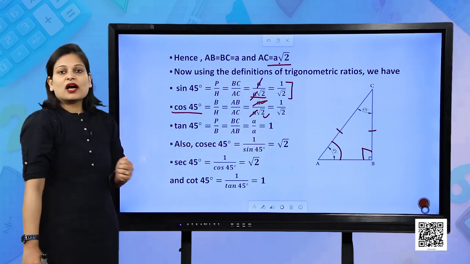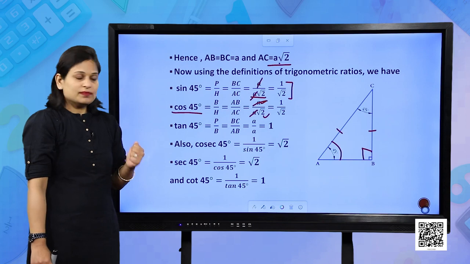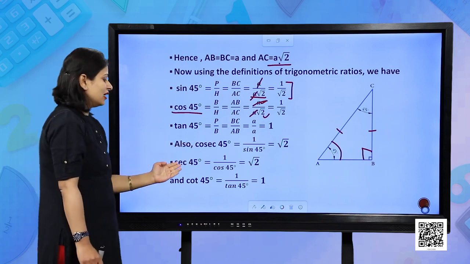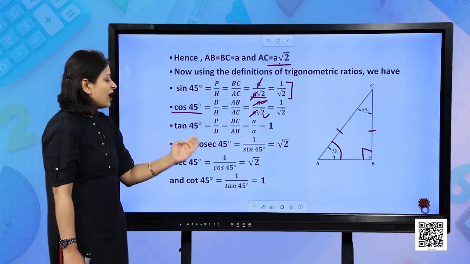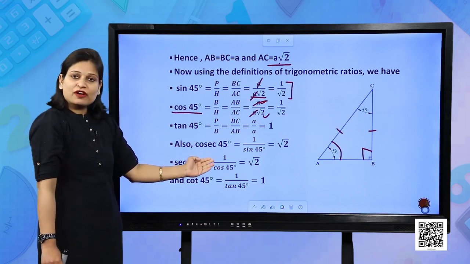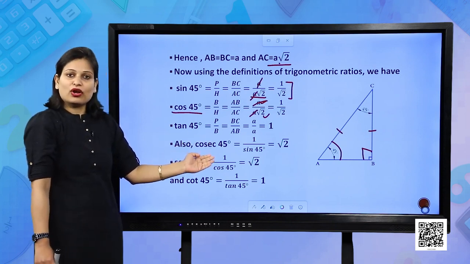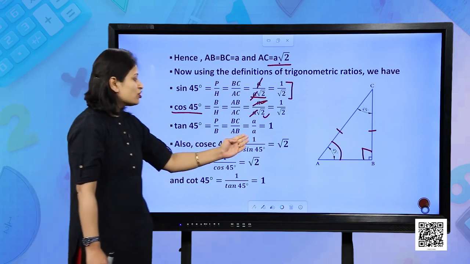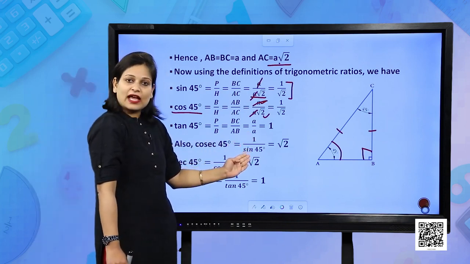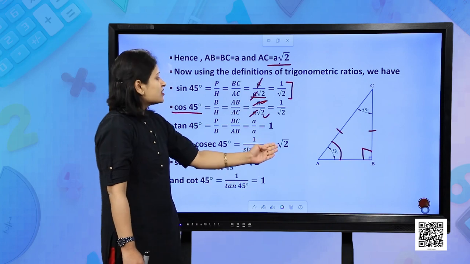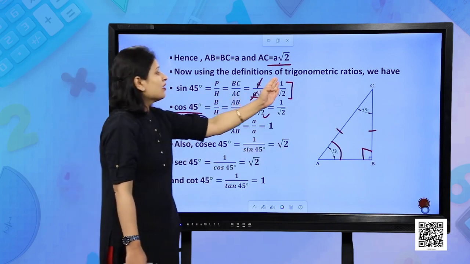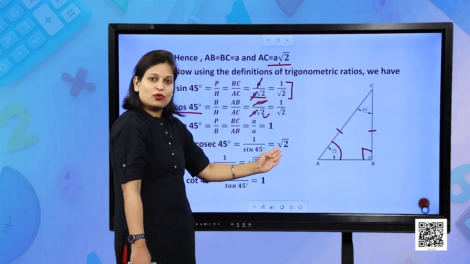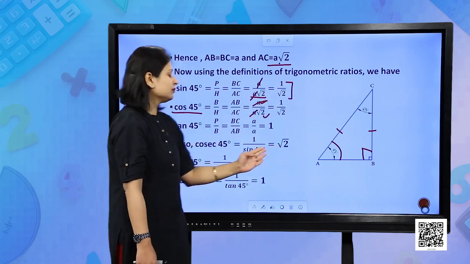Now, what about the other 3 trigonometric ratios, which are cosecant, secant and cot? Angle is given as 45 degree. As you know, cosecant function is the reciprocal of sine function, which is 1 upon sine 45. So, just the reciprocal of sine function, 1 upon root 2, reciprocal will be root 2.